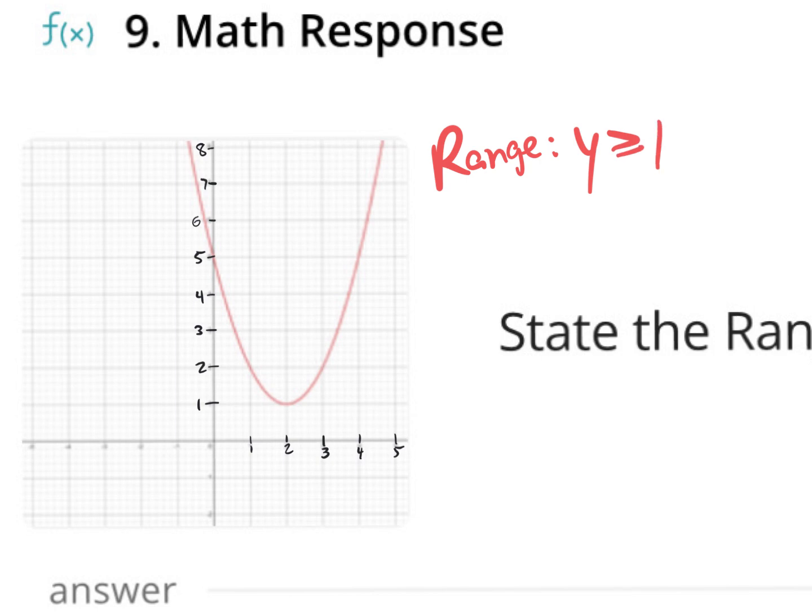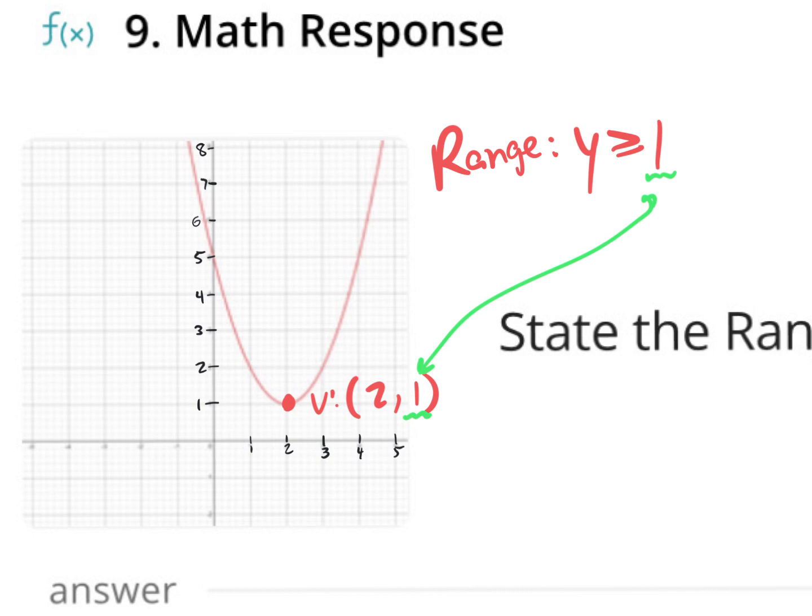Let me also say this, that the range comes from the vertex, because the vertex is the lowest point. That vertex is the coordinate (2, 1). And the range will come from y being greater than or equal to that y value of the vertex.